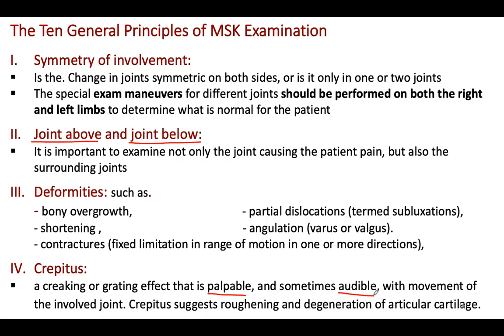When you put your hand on the patient's knee and ask the patient to flex and extend the knee joint, you will feel this crepitus. It occurs with movement of the involved joint. Crepitus suggests roughening and degeneration of the articular cartilage, which is very characteristic of OA, osteoarthritis, especially of the knee.